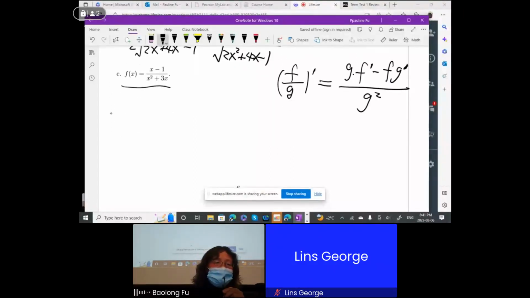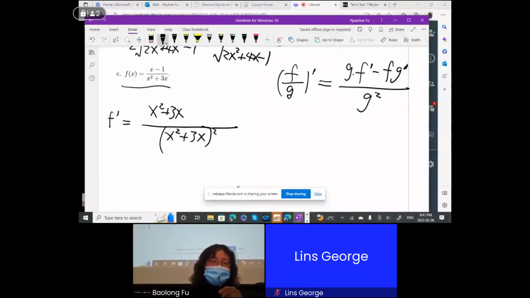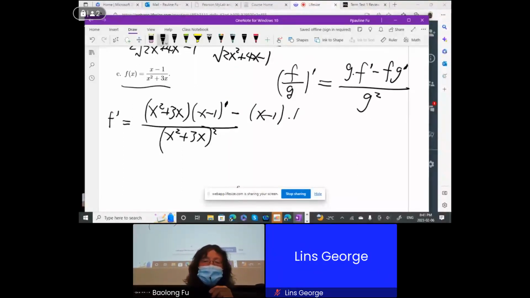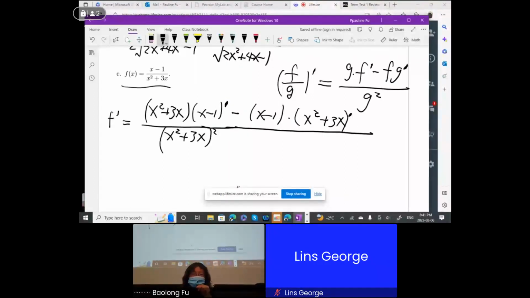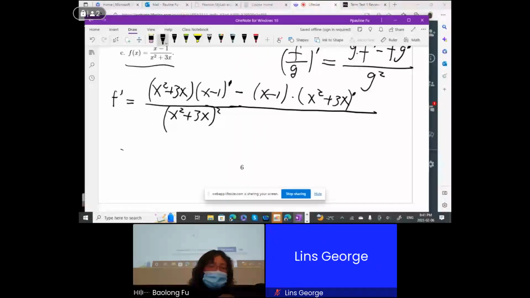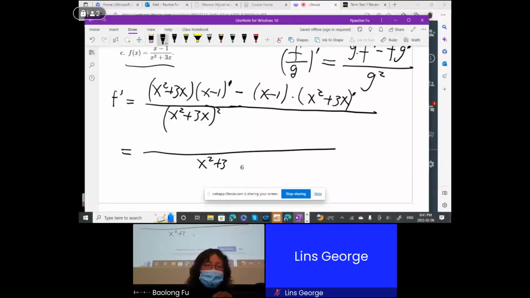Directly apply this quotient rule, you have f prime equal to, and now copy down the denominator and work on the numerator.